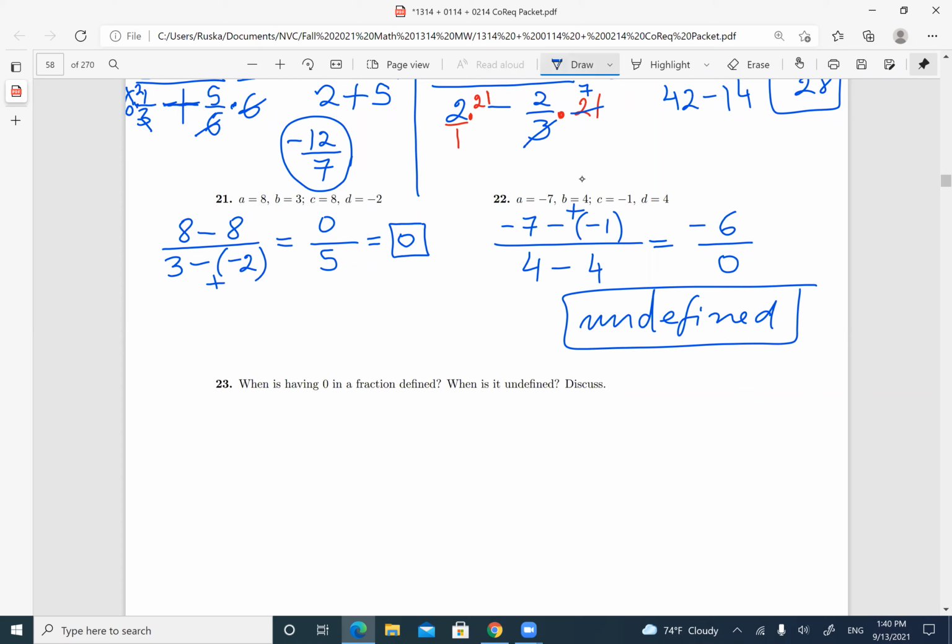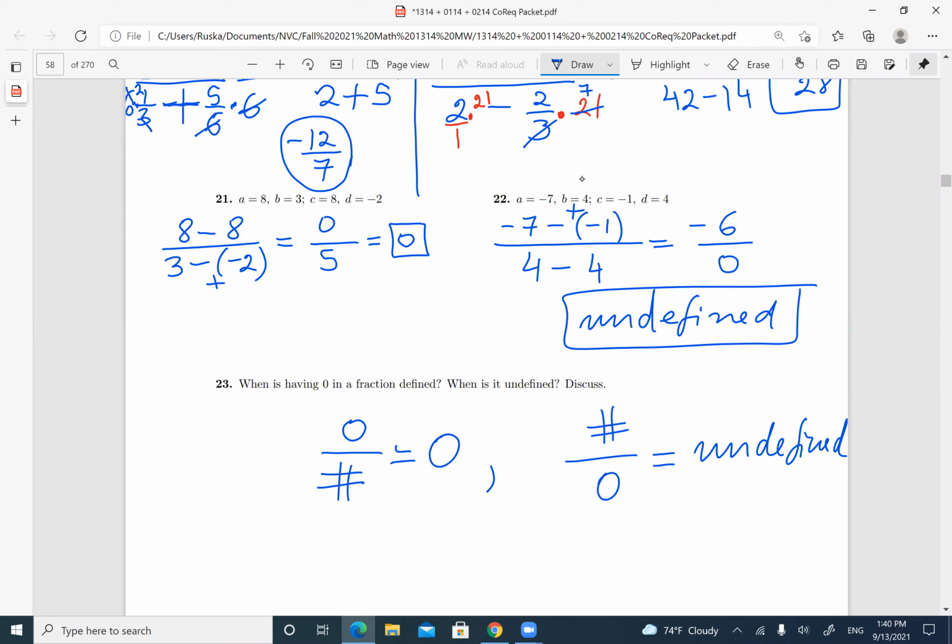Okay, so undefined. And the next question they're asking: when is having 0 in a fraction defined? So when is it defined and when is it undefined? Remember, when you have 0 over a number, any number, the answer is 0. And if you have a number over 0, then it's undefined.